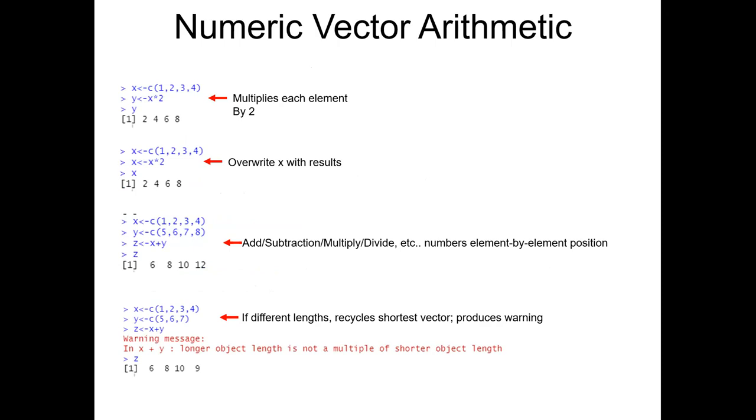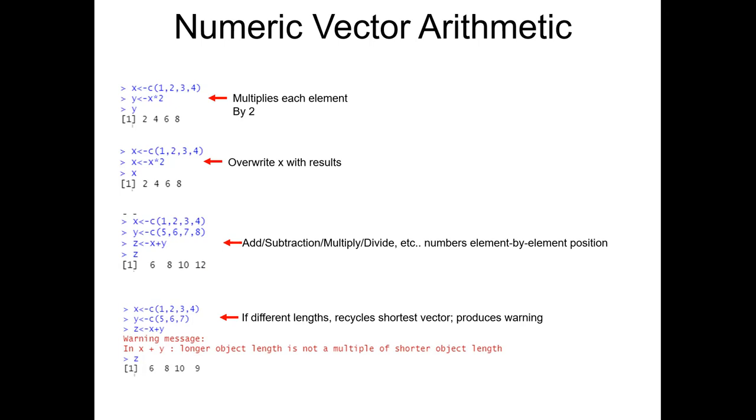And all the operations with vectors occur element by element. So in this case, 2 would be multiplied by 1, 2 multiplied by 2, and in that progression. In this example, I'm also assigning the results of that multiplication into another object called Y, and just seeing what's in there, you'll see the values have been multiplied by 2.